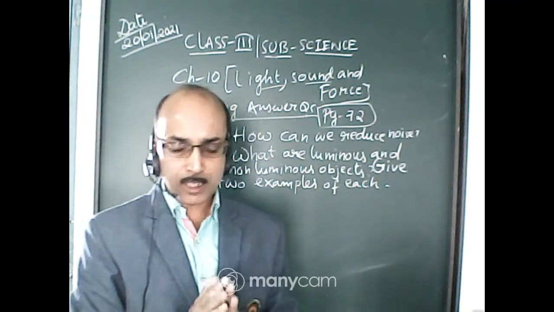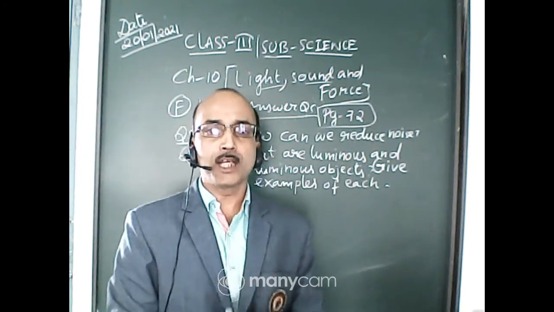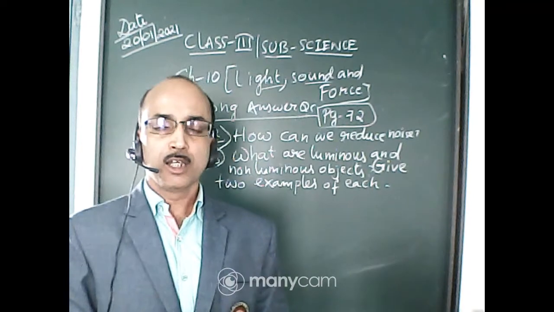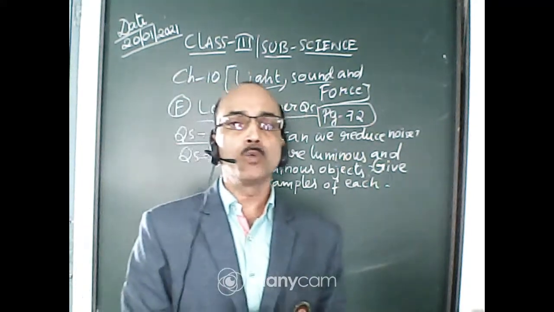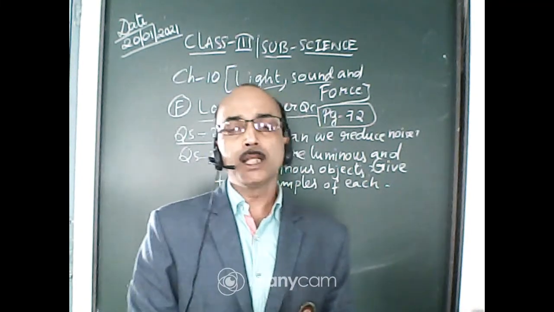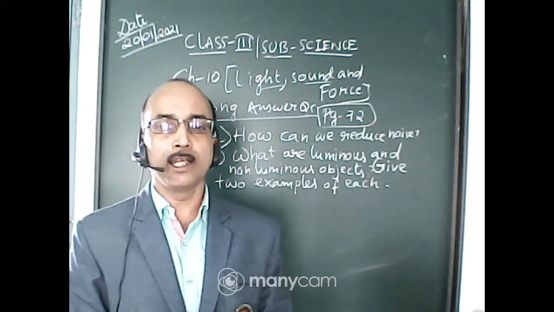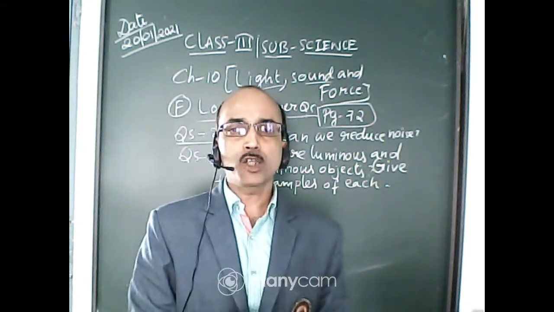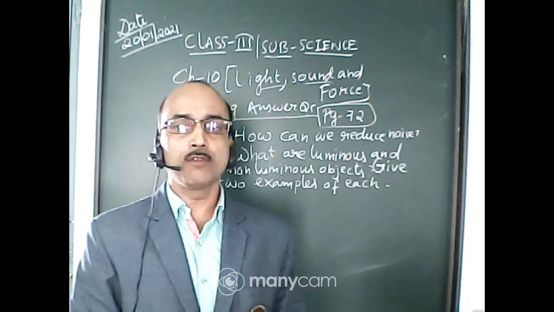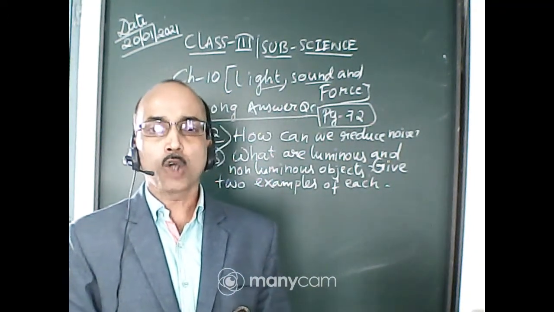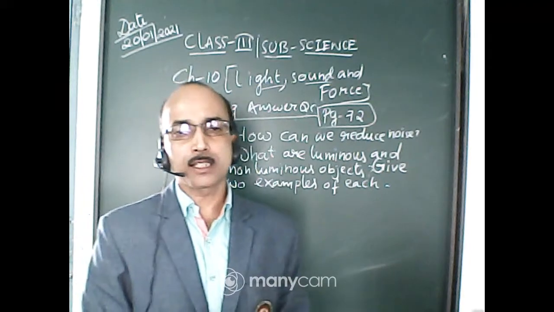The answer is: objects that give us light are called luminous objects. Examples, bulb and torch, or bulb and candle. Objects that do not give us light are called non-luminous objects.